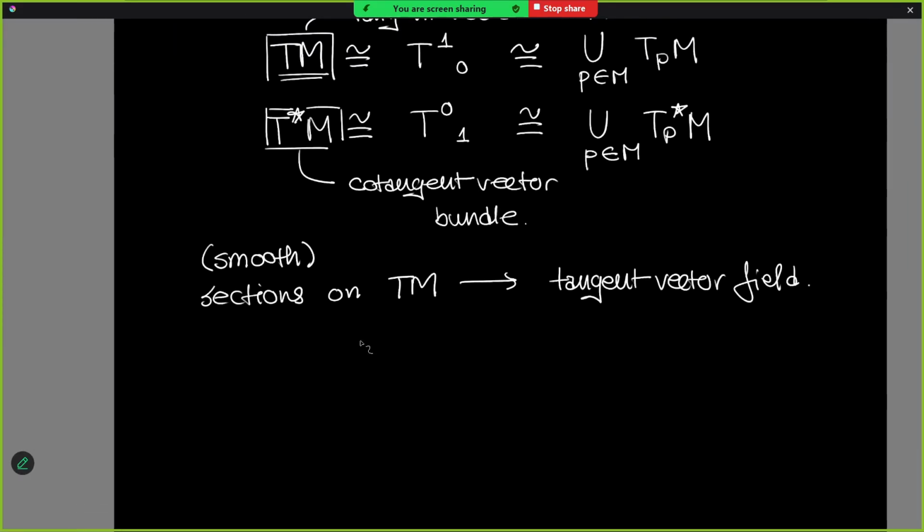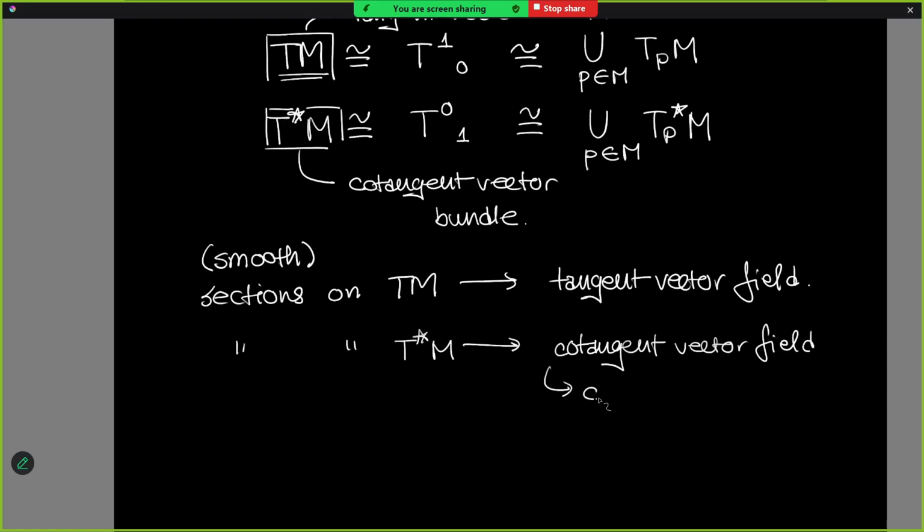And if we take the same thing on T star M, well, you would think that you would get a cotangent vector field. This is more commonly called a cotangent field, or sorry, a covector field.